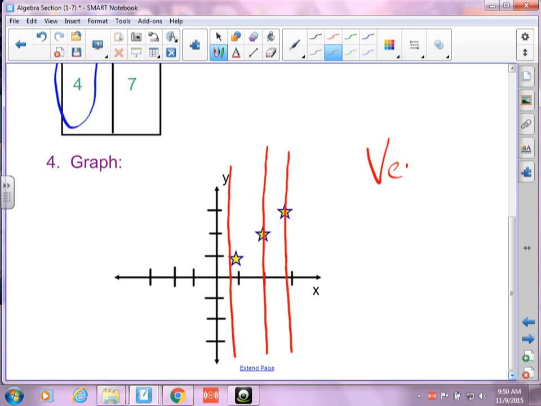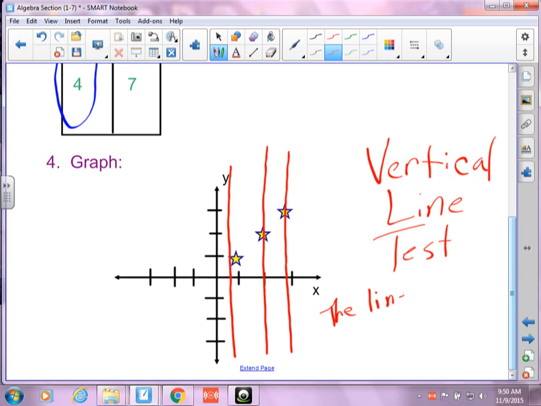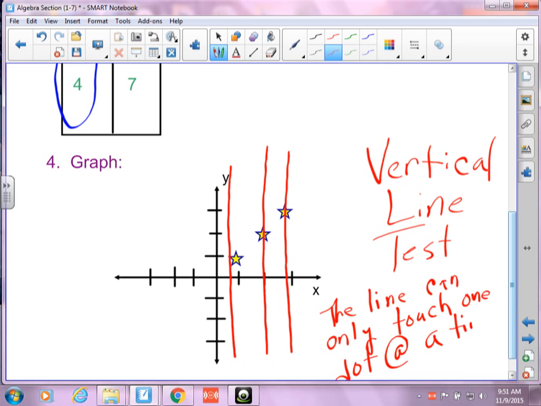So this is the vertical line test, and it says the line can only touch one dot at a time.